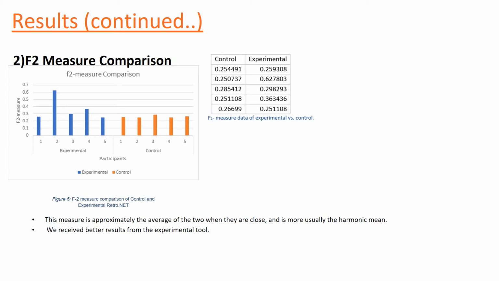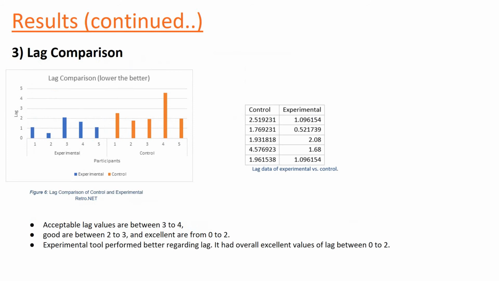So these F2 measures were pretty much better on the experimental tool than the control tool. As you can see, for users 2 and 4, they had a higher F2 measure than the control.